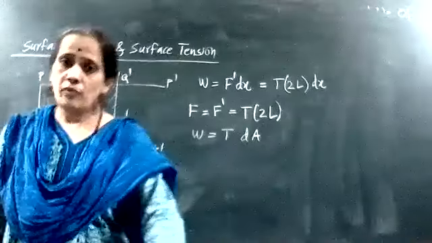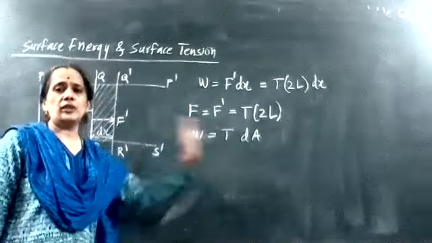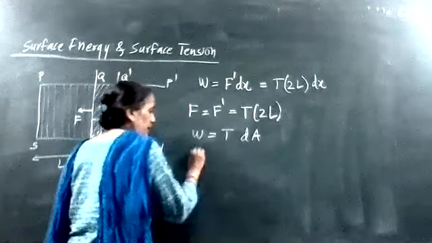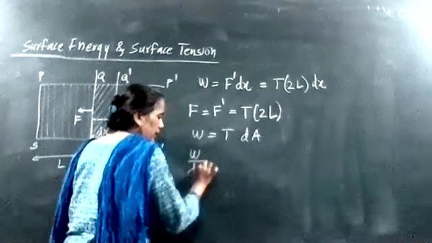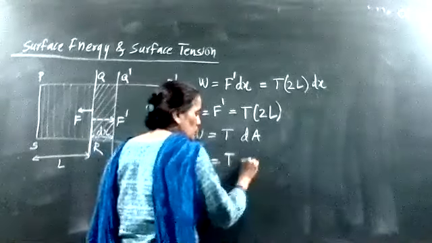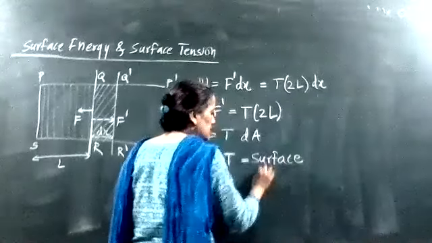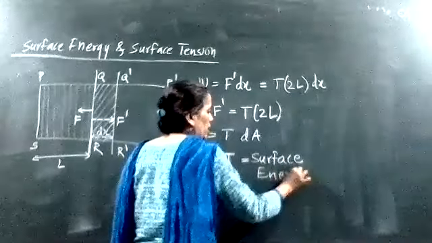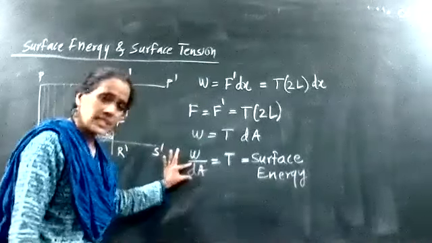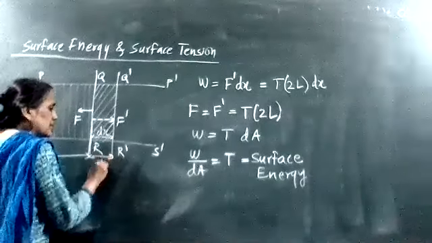When a force is acting on QR, it will get shifted towards Q'R'. And therefore work done per unit area, which is nothing but your surface tension, is to be called your surface energy. And this surface energy is stored in the form of potential energy. So what is this dA? This dA is nothing but your increase in the surface area.